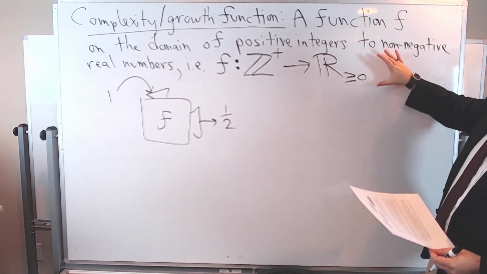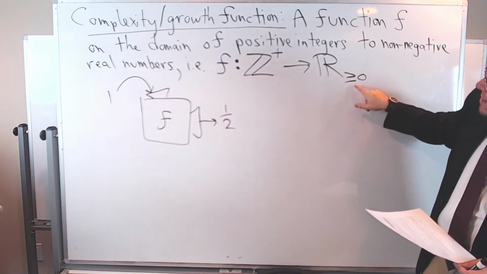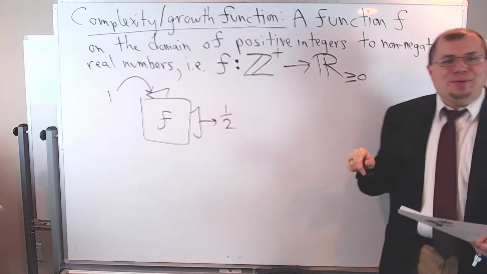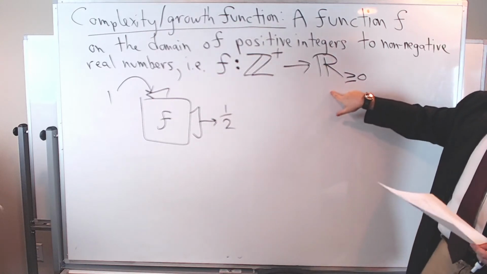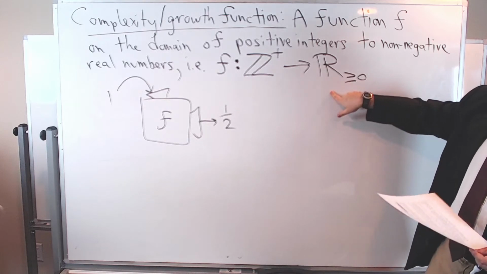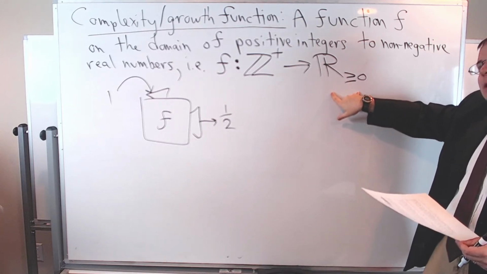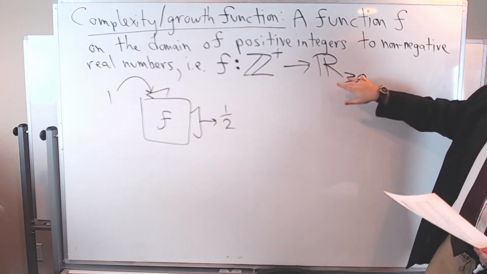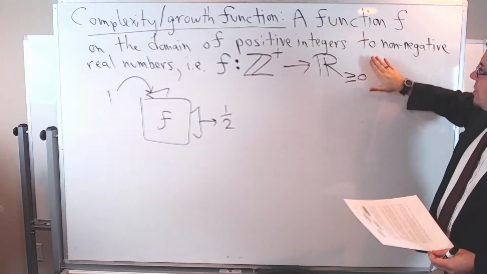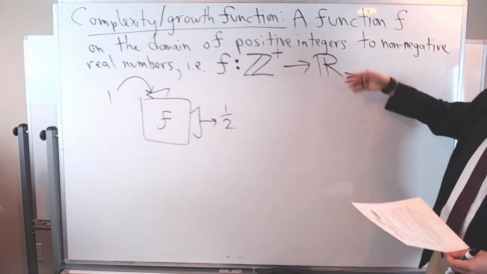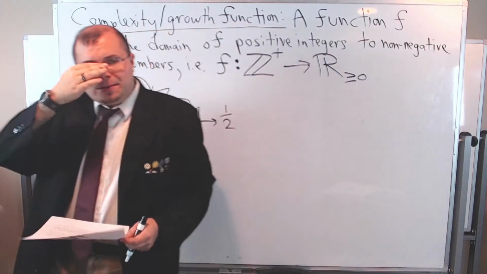Now, if you're very much a stickler like me, you might naturally look at this and say, Dan, why are you allowing 0 to come out of this function? Well, I'm just going to do this out of convenience, because some of the functions that we'll be dealing with can output 0. However, in a realistic computational sense, it would not make sense to include 0 in here, and just make it the set of positive real numbers. Can you think of why?